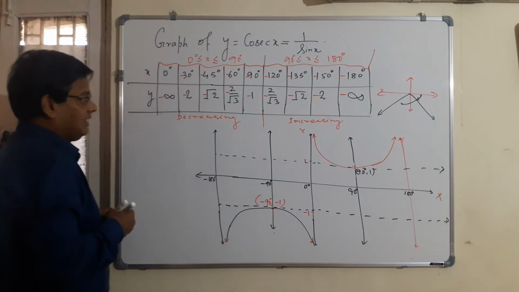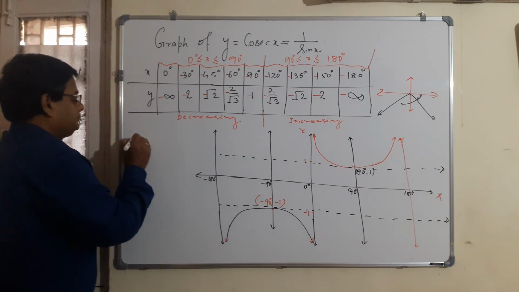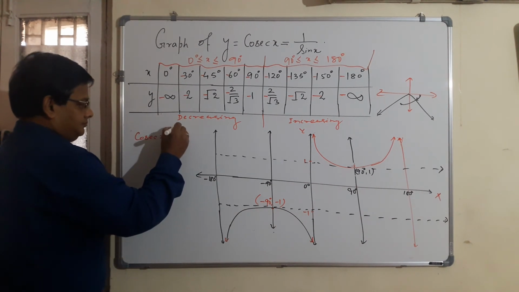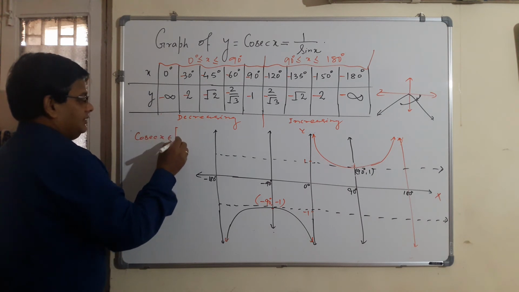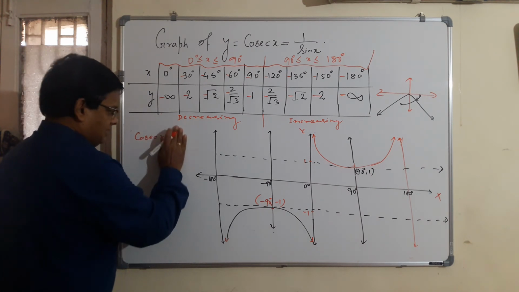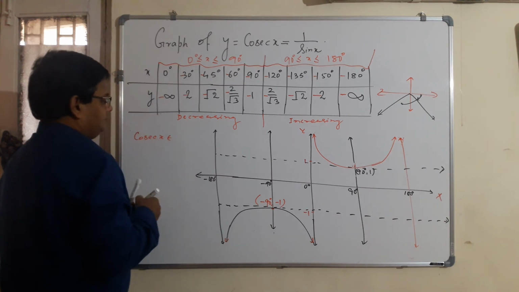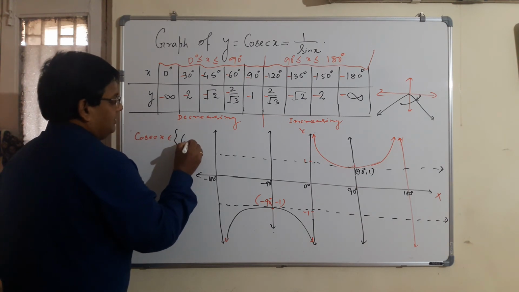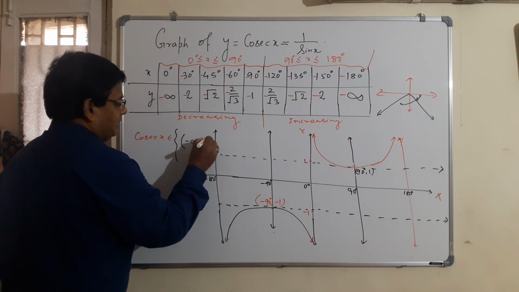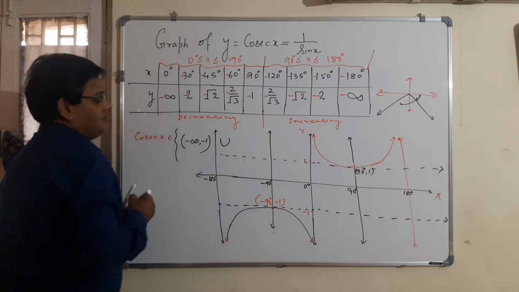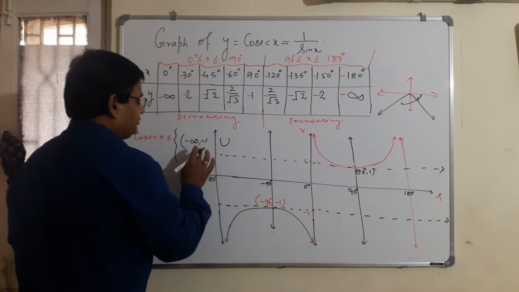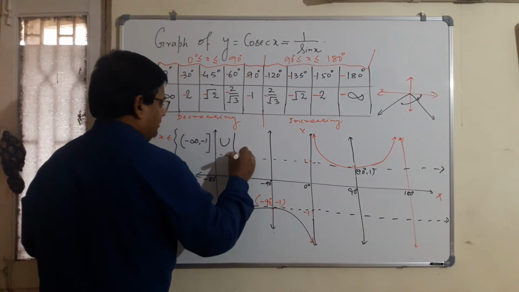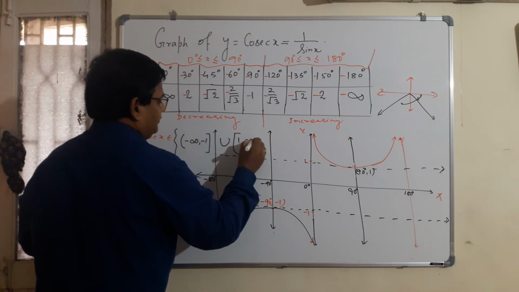So the range of cosec x. It means cosec x belongs to, in the bracket I am writing here, cosec x belongs to the open interval minus infinity to minus 1 union, here minus 1 is included, that's why a closed interval, and here 1 to infinity.